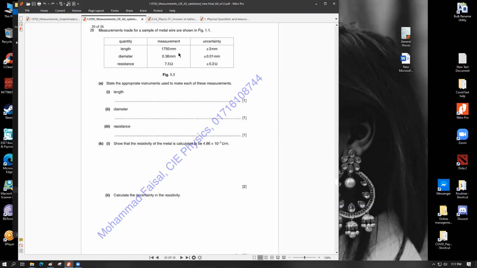Is this reading 1750 perfectly divisible by 3? No. Check this out. 1750 divided by 3. Do you get an integer? No, sir. It means that this number does not agree with this value.